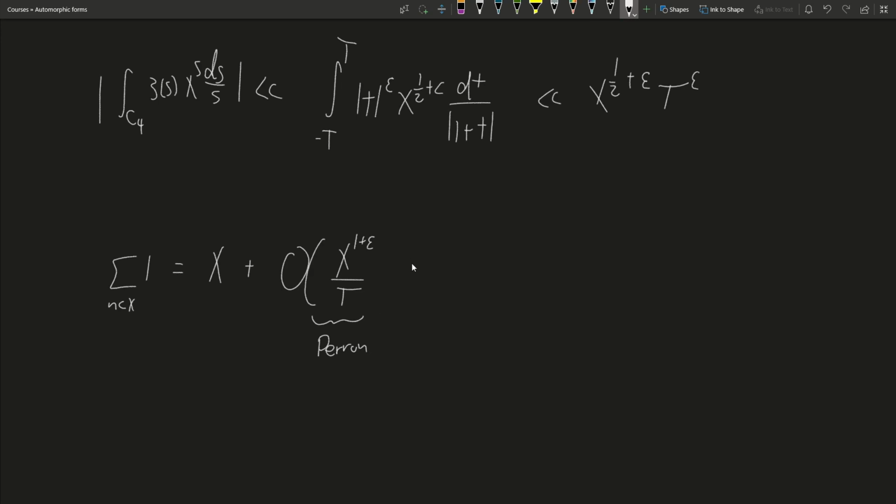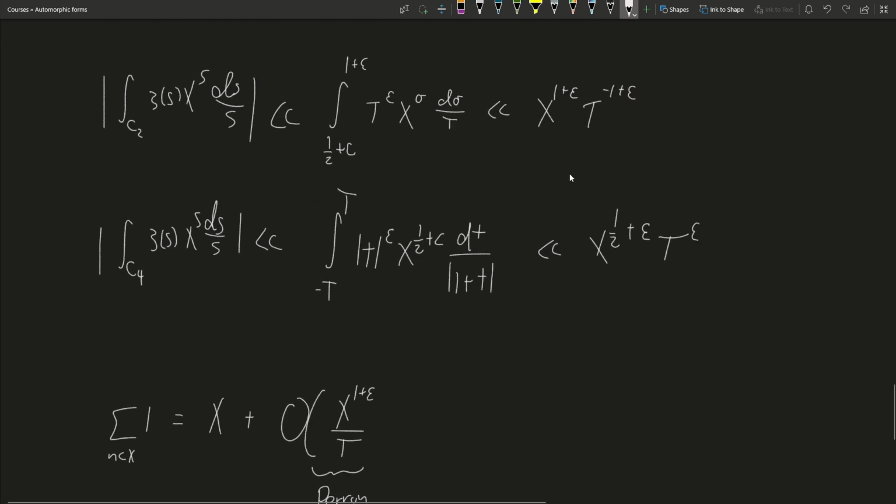And then we have from C2 and C3 an x to the 1 plus epsilon t to the minus 1 plus epsilon. And then the C4 contribution is x to the 1 half plus epsilon t to the epsilon.